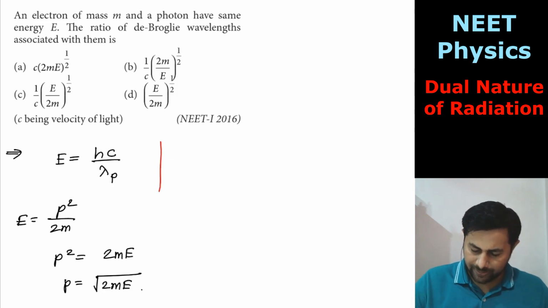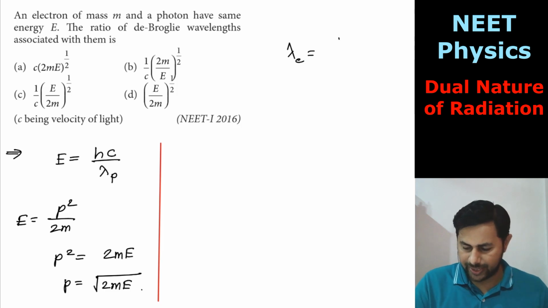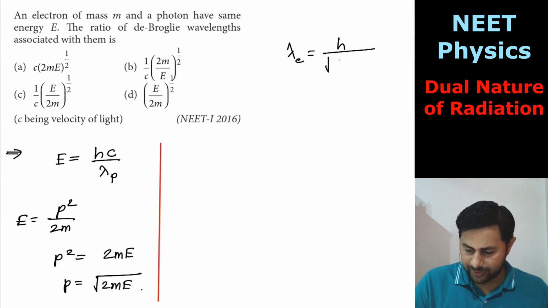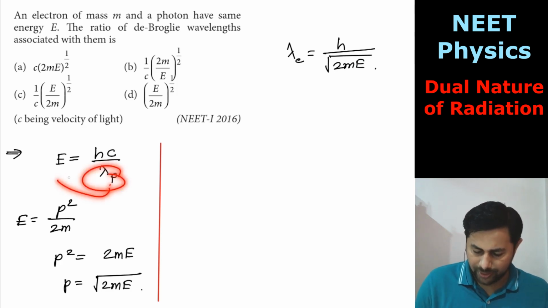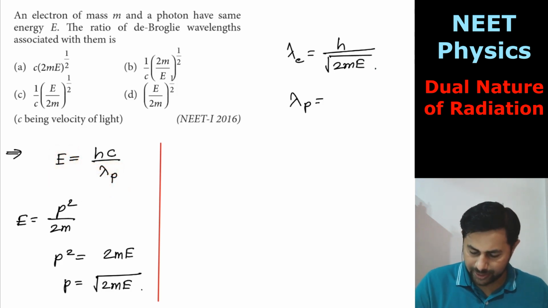Then you can easily find its de Broglie wavelength. So lambda of electron would be equal to what? So it is h divided by square root of 2mE, right? And what would be lambda of photon? So just move this E on the other side. Lambda of photon is equal to hc divided by E, okay?